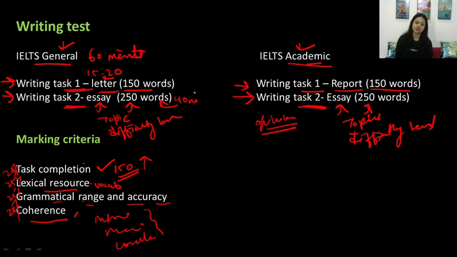It's very much like speaking part 3, where you have to give your own suggestions or what you think, which view is better. That will happen here in the general training exam also. You have to give your opinions.